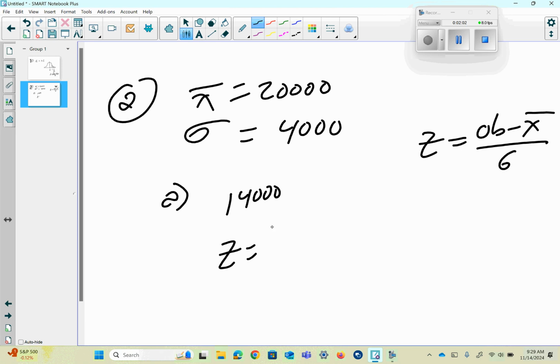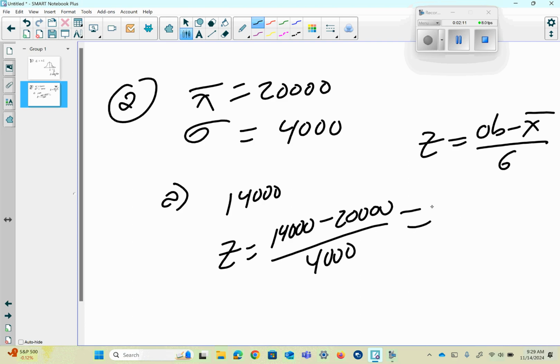So 14,000 minus 20,000 over 4,000, which is 6,000 over 4,000. Get rid of the zeros, 6 over 4, which is 3 over 2.